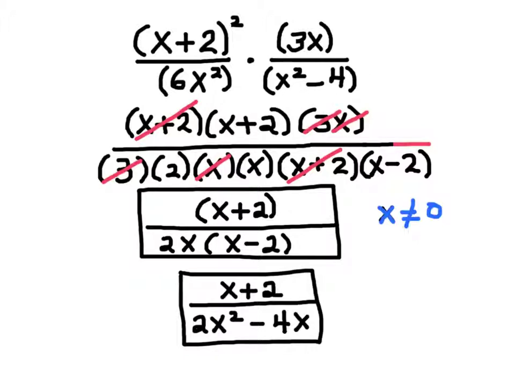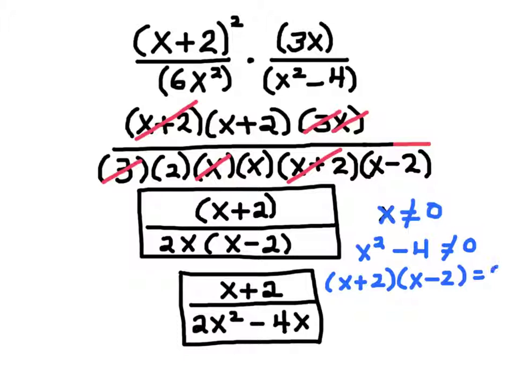So what does that mean? That means that, let me get my pen out, if x squared minus 4 cannot equal 0, then if we factor x squared minus 4, we have x plus 2 times x minus 2 cannot equal 0.